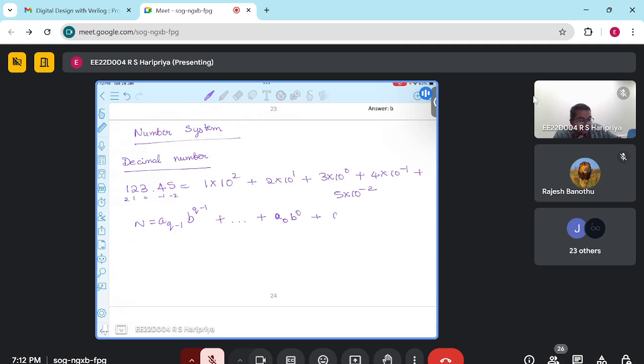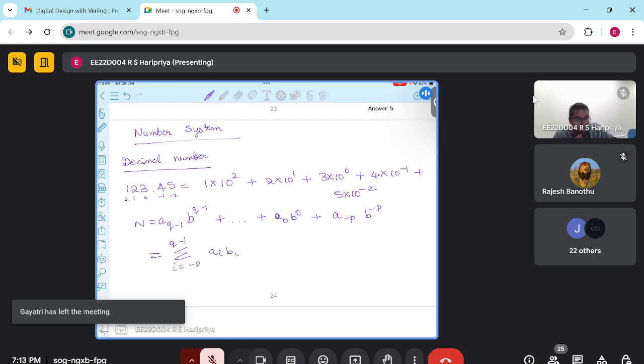And now if you have any fractional part, say at the minus p position, it will be raised to the power minus p. So this can be given as the value ranges from minus p to q minus 1 for ai bi.